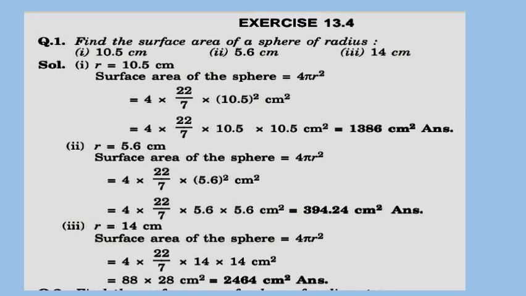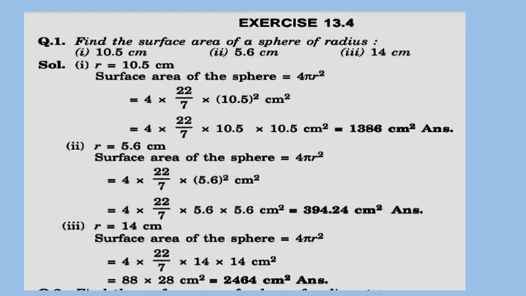See here, Exercise 13.4. In the first question, we have to find the surface area of a sphere whose radii are given here. Three different questions are given, of radii 10.5, 5.6 and 14 centimeter. Now what we have to do?